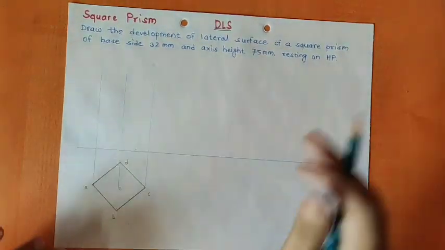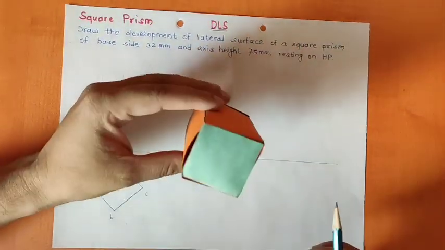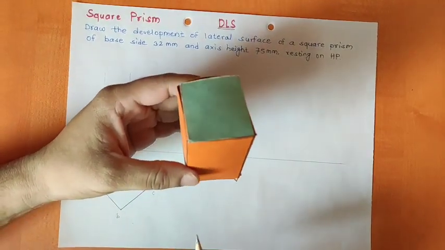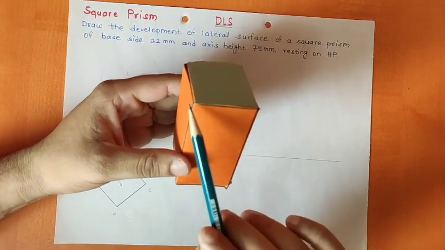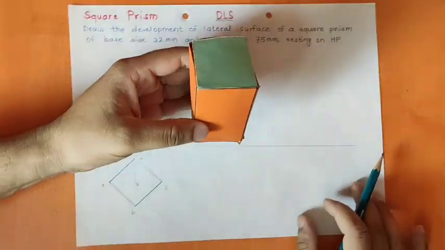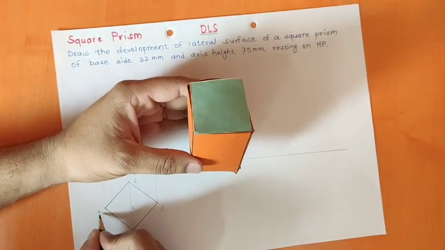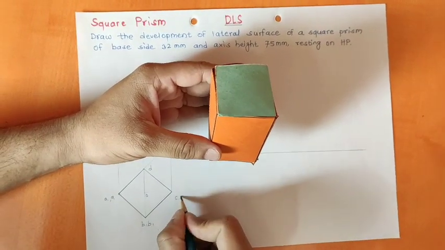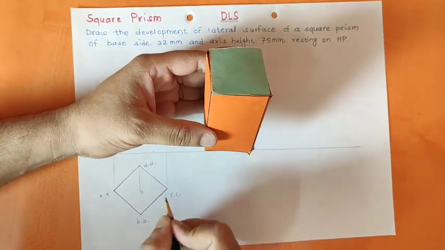If we talk about this square prism, top and base both are of the same shape. So the top point will be A1, bottom point will be A. So here we'll get A, A1, similarly B, B1, C, C1, and D, D1.